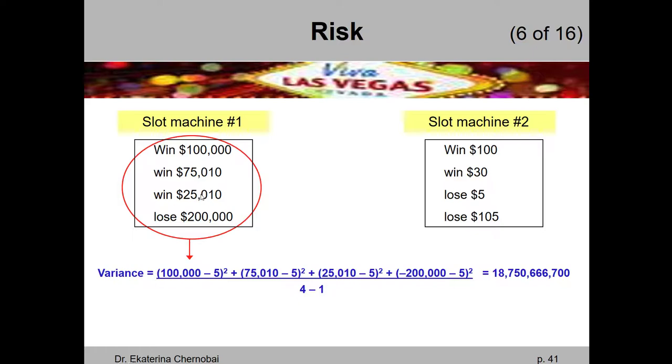In order to not get 0, we can use this trick of adding the second power, squaring the distances from the average, and that eliminates the plus sign being cancelled out by the minus sign for some of the terms. Another little detail that's important when we look at historical variance calculation: we don't divide by 4, but by 4 minus 1.